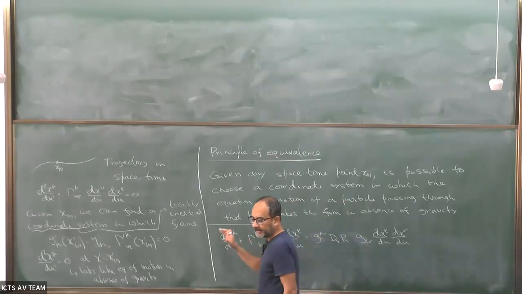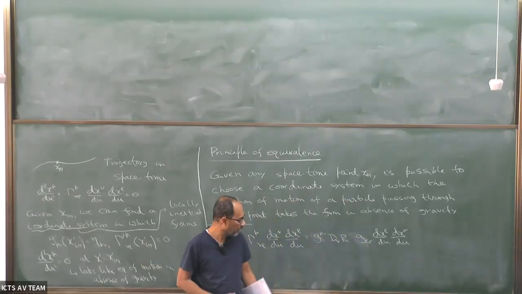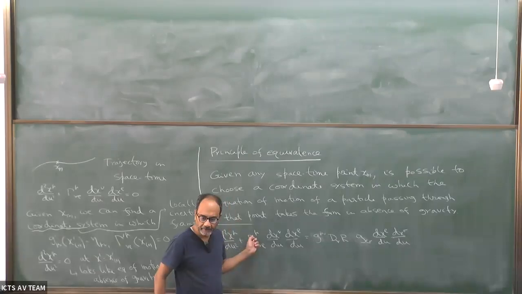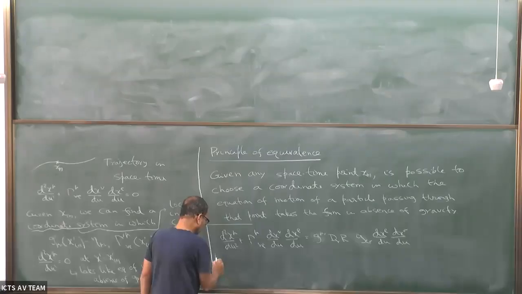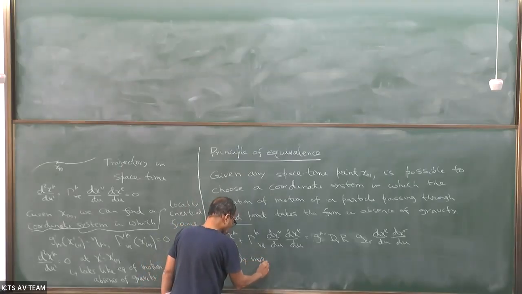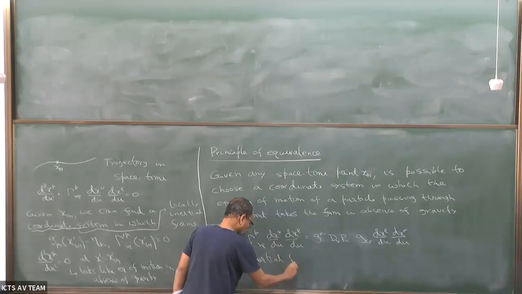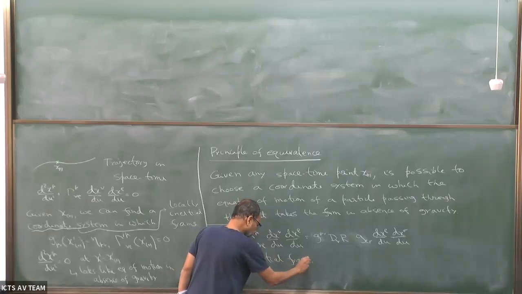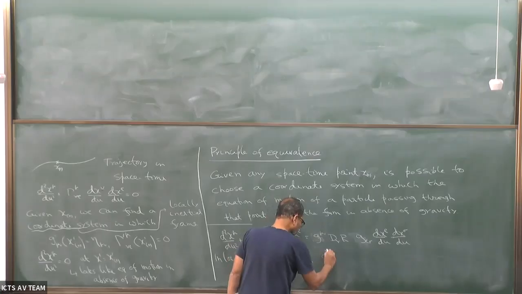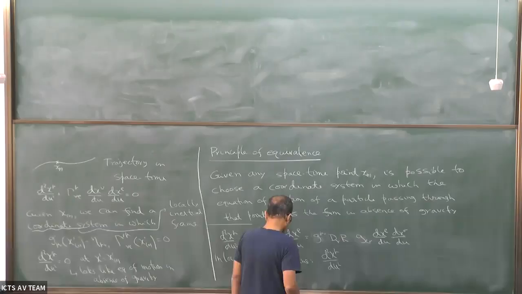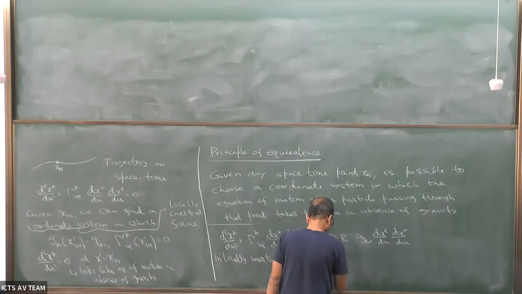Because let's imagine that now we go to a local inertial frame, in which we can erase the effect of gamma. So what will the equation look like? In the local inertial frame, this will be eta mu nu.